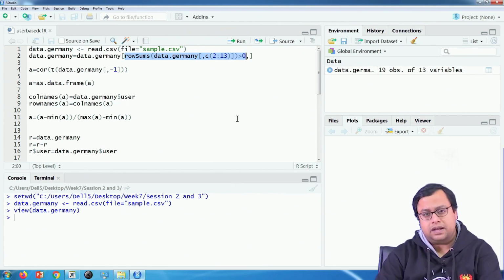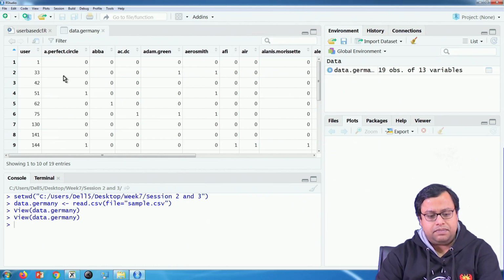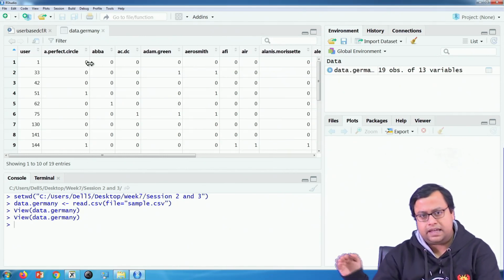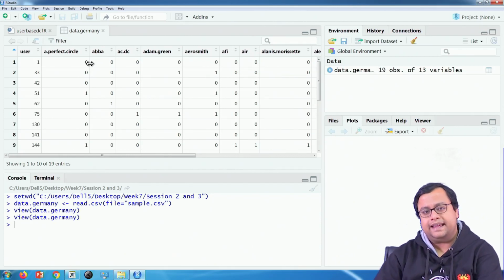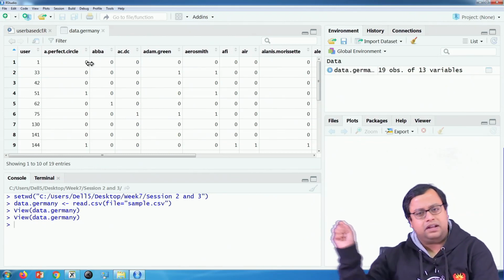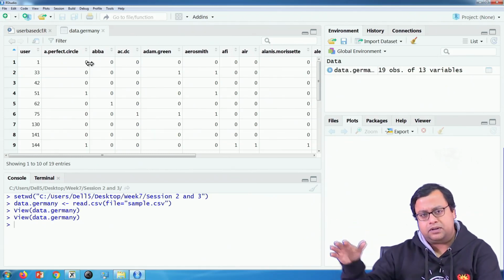So what is row sum? Row sum means the summation across each row. You take each row one at a time and take a summation of the values. Now if all the values are 0, then this user has not seen any of the movies in this particular list.